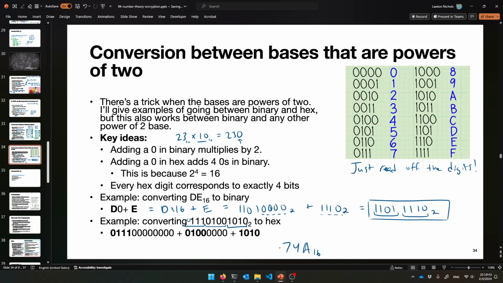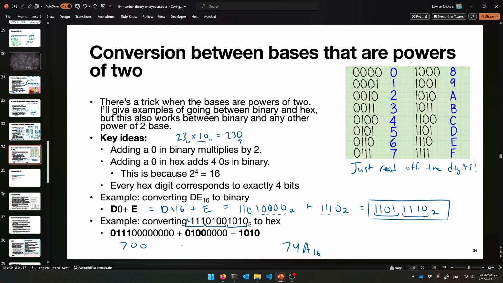And I'll prove that to you, because we can do this math as well. What is this but 0111 with a bunch of zeros at the end, 4 zeros? In hexadecimal land, this is 7 with room for 2 hex digits, 2 groups of 4 bits.